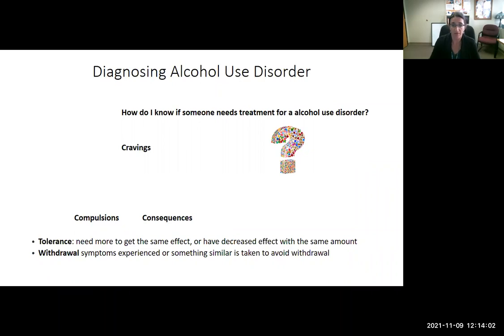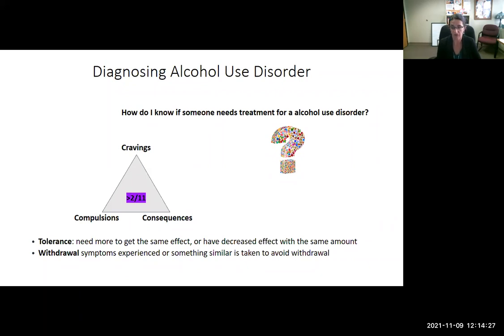And the DSM-5 has 11 criteria, just as it does for many substances, for identifying substance use disorder. So for alcohol use disorder, we're really looking at basically having at least 2 of 11 criteria, and then the number that they have would determine the severity of this use disorder.